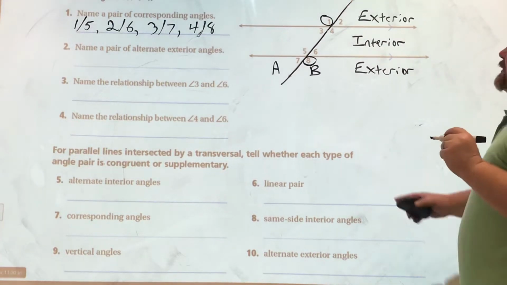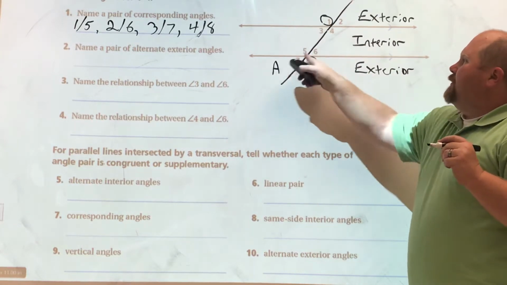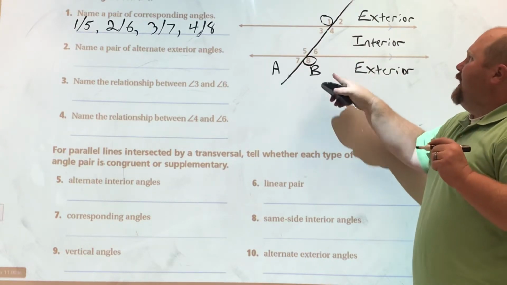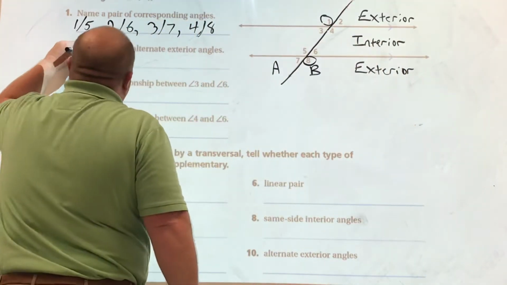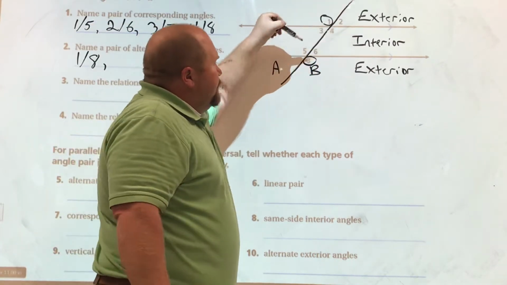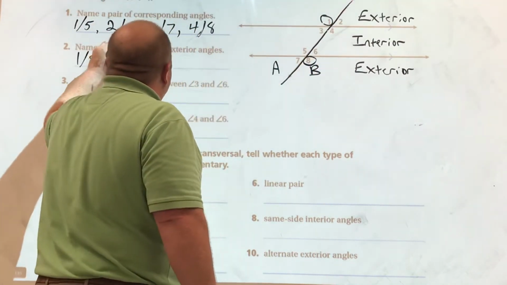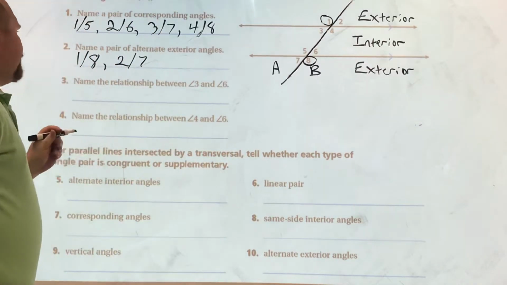They have to be the same size, and they are the same size angle. They have to be on alternate sides of the transversal, and they have to be in the exterior. So one pair would be 1 and 8. A second pair would be angles 2 and 7. They would also be alternate exterior angles.